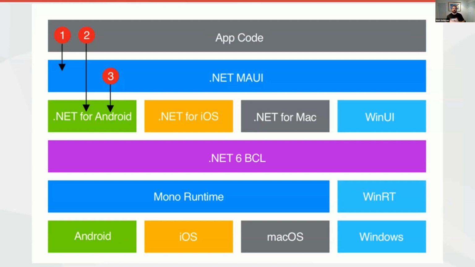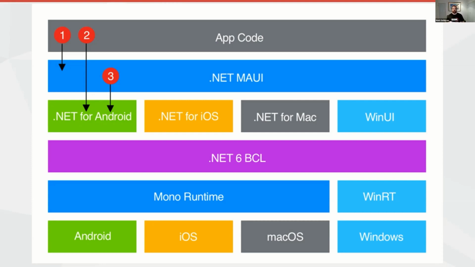But the concept with MAUI as a UI framework is that you write code for MAUI. So the way that this works conceptually is step one: you write your MAUI code against the MAUI API. You're not writing an iOS app or a Windows app or a Mac app or an Android app. You have access to those platforms, which I'll talk about in a moment, but you're writing a MAUI app.